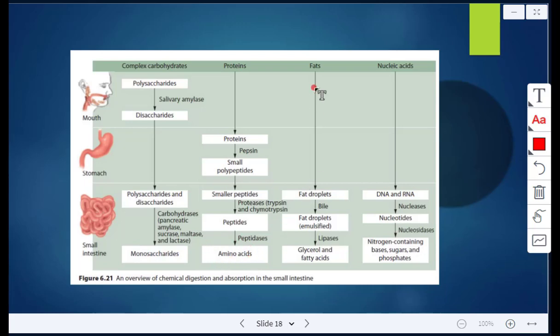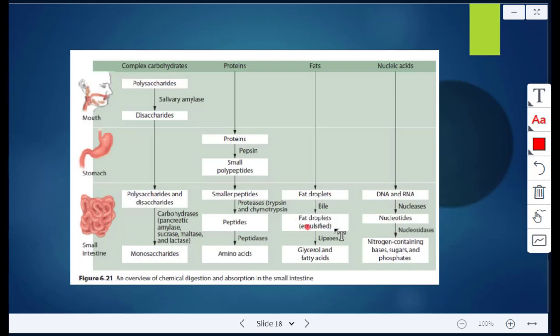Fats: no digestion in the mouth, no digestion in the stomach. In the small intestine, the fat droplets get broken down into smaller droplets by bile.